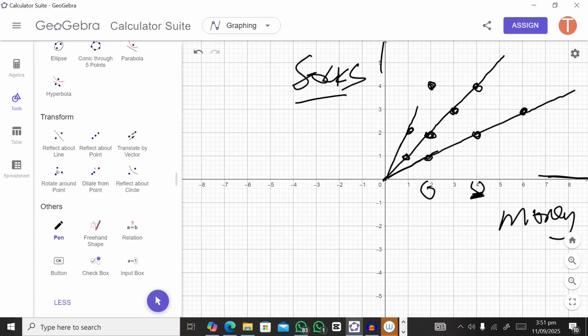If I connect these dots, you can notice that I still have a straight line relationship, but now the relationship is a little bit steeper. What is causing that? That is the effect of what we call the gradient. Otherwise, let's go and show this on a graph.